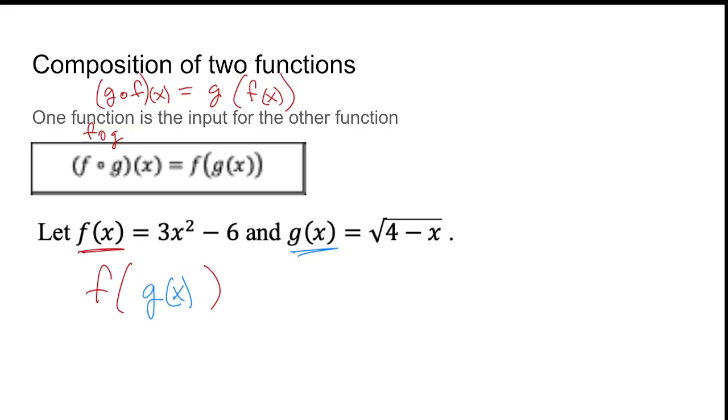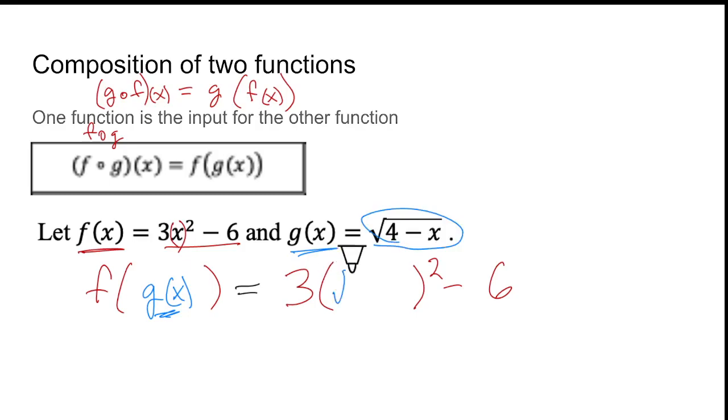As we set this up, we're taking the f of x function, the outside function, so we'll rewrite it as 3x squared minus 6. Everywhere there's an x, we're going to put a big open parentheses. And then what are we going to put into there? Well, we're going to put the function g of x, which is this part here, square root of 4 minus x.